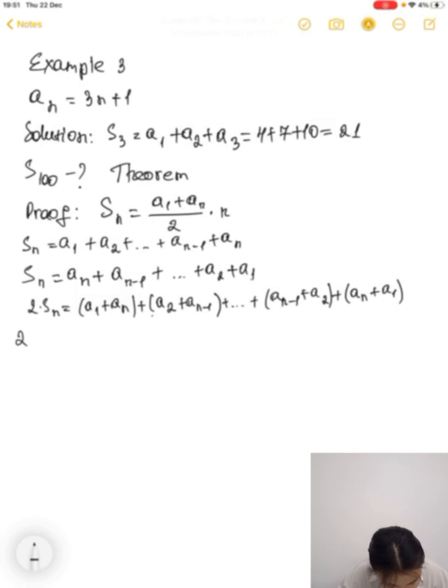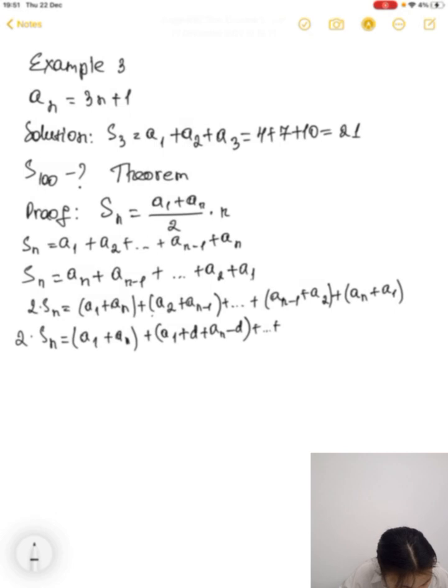And S sub n is equal to a sub 1 plus a sub n, plus a sub 1 plus d plus a sub n minus d, plus up to a sub n minus d plus a sub 1 plus d, plus a sub n plus a sub 1.